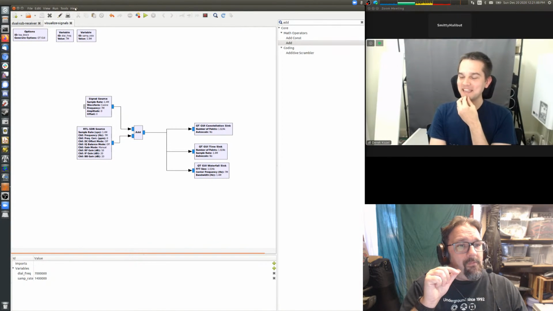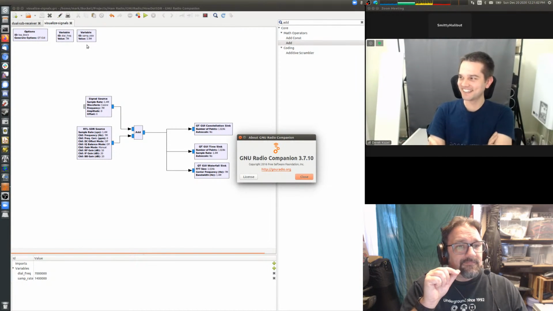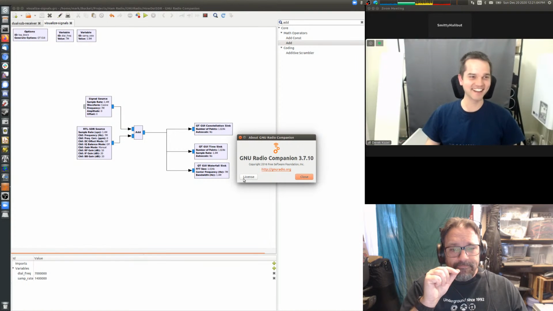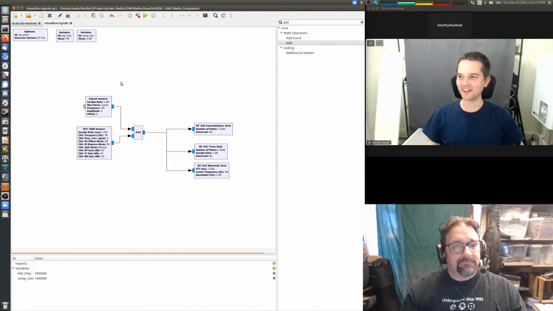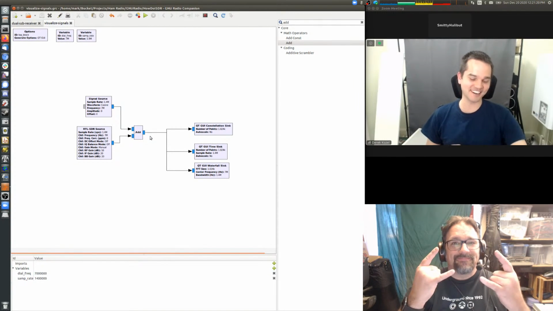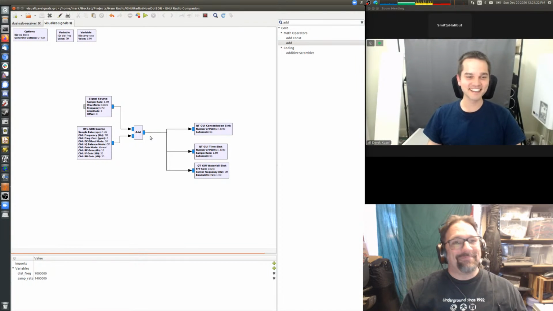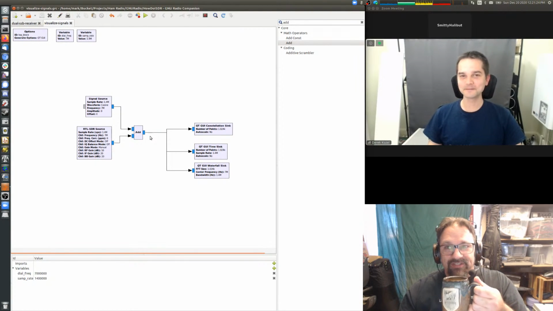But what version of GNU Radio are you on? Can you zoom in on the canvas? 3710. If you hit Control and scroll in and out on the canvas, does it zoom in? Nada. Bummer. Okay, well, look forward to that in your near future. Well, I got to get up to something more modern than Ubuntu 16.04.